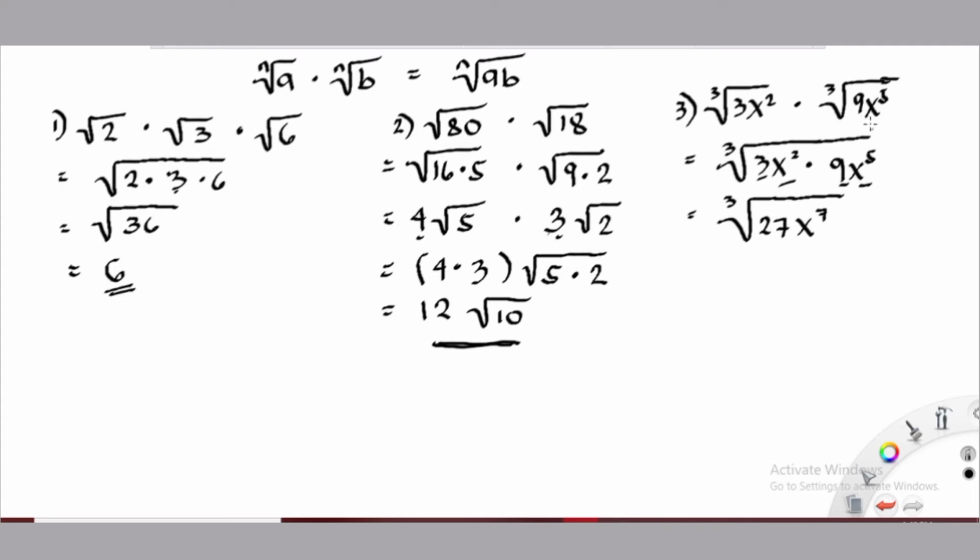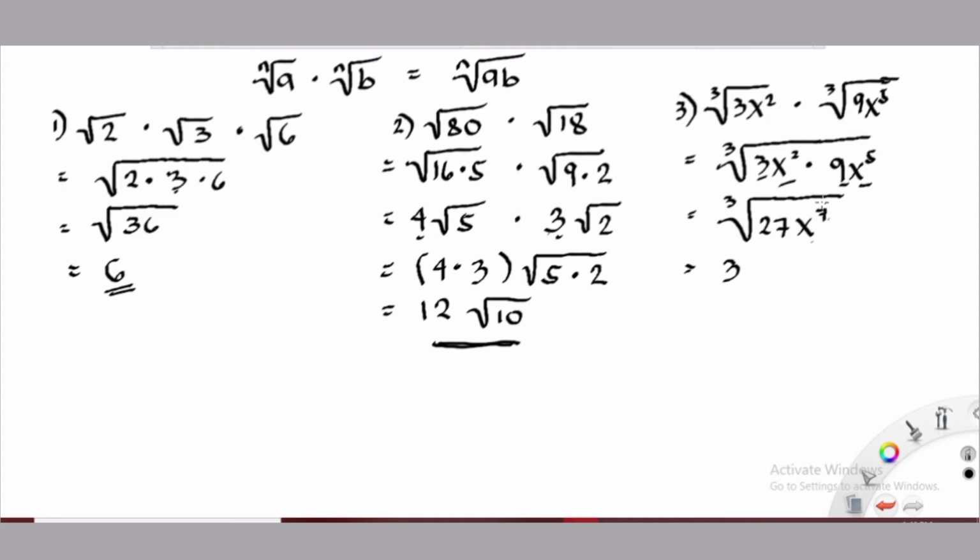Alright? Now, simplify. So, 27 is a perfect cube. So, the cube root of 27 is 3 because 3 times 3 times 3 will give us 27. Now, with respect to the variable x raised to 7, kung napapansin, mas mataas yung exponent niya kaysa sa index. So, it means to say na merong makakalabas tayo na x.